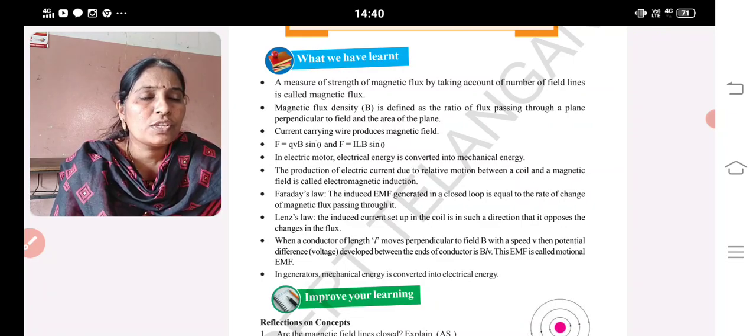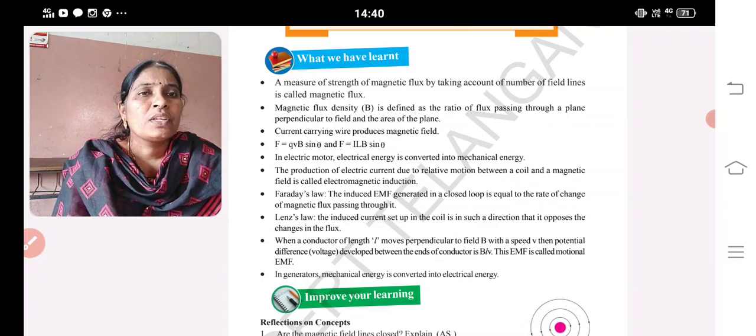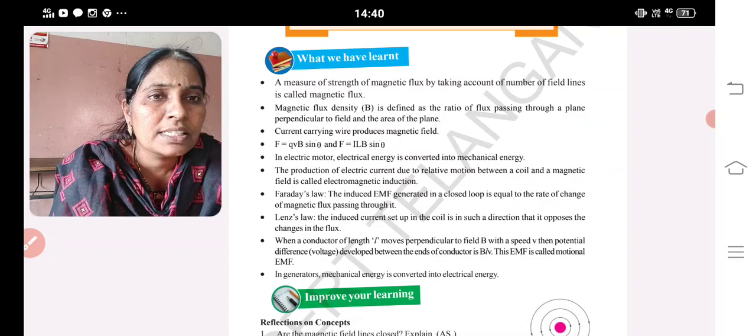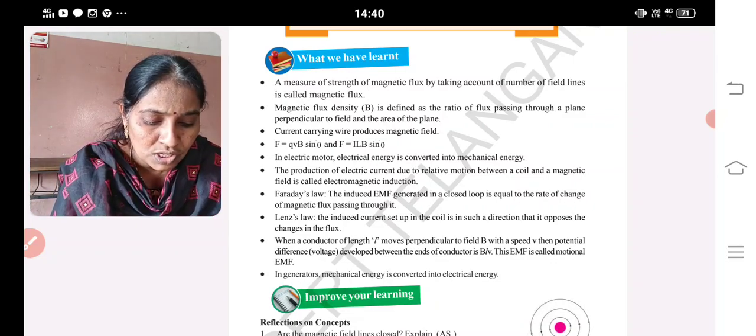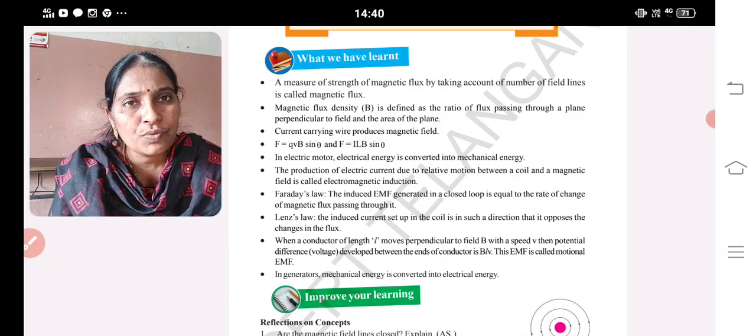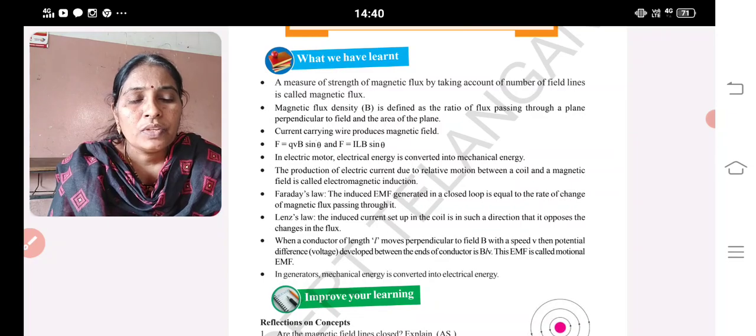In generators, mechanical energy is converted into electrical energy. The lesson which we discussed is totally deleted from the portion. No need to write the notes and no need to read. So just what is given in electromagnetism I explained, Amma.